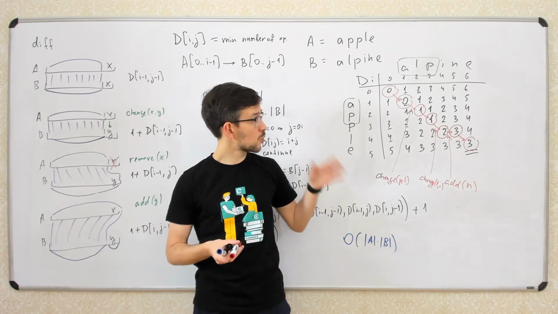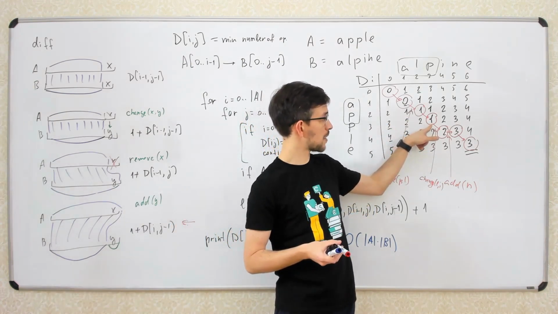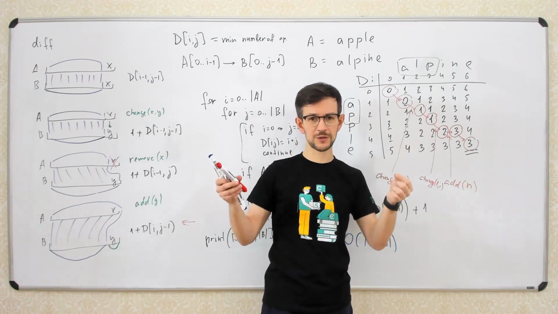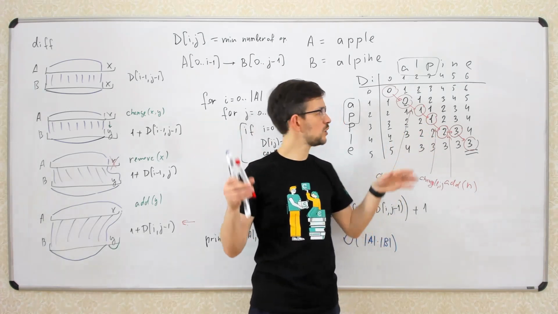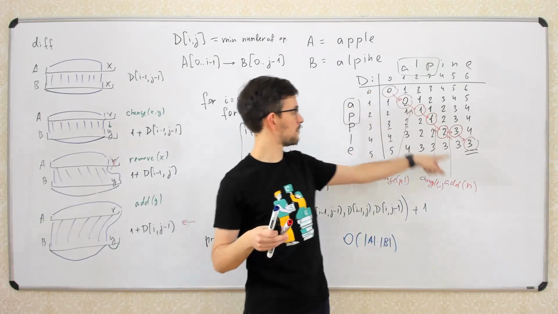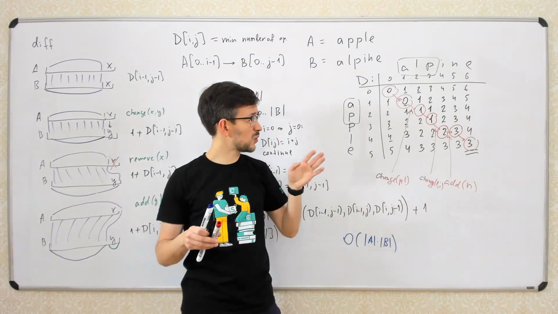So you only remember the minimal value in each row and something around it. You don't build the whole table, but only the part of this table around the main diagonal, something like that.